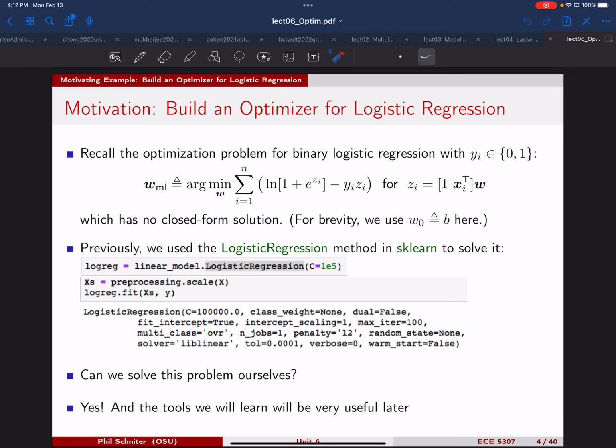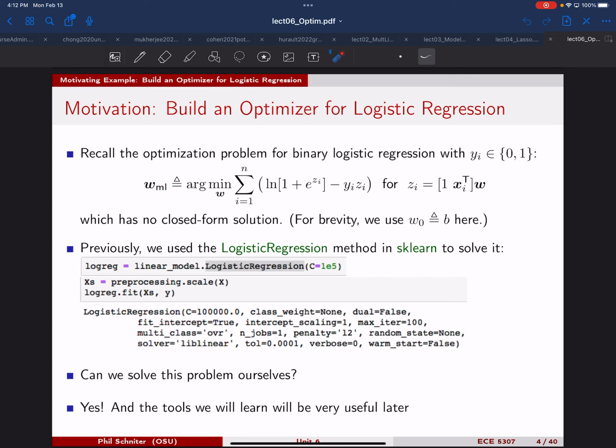So we have a sum over our training samples, we have these scores, Z_i for the ith training sample, we have our labels. And this is what we want to do. We want to find the W vector that minimizes this. And as we saw, there's no way to do this on paper. You can't just write down the equation for this W_ML.